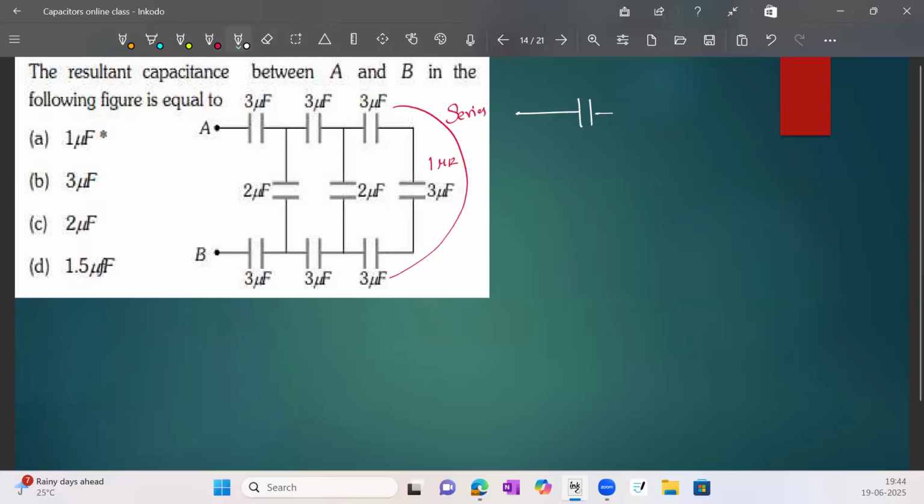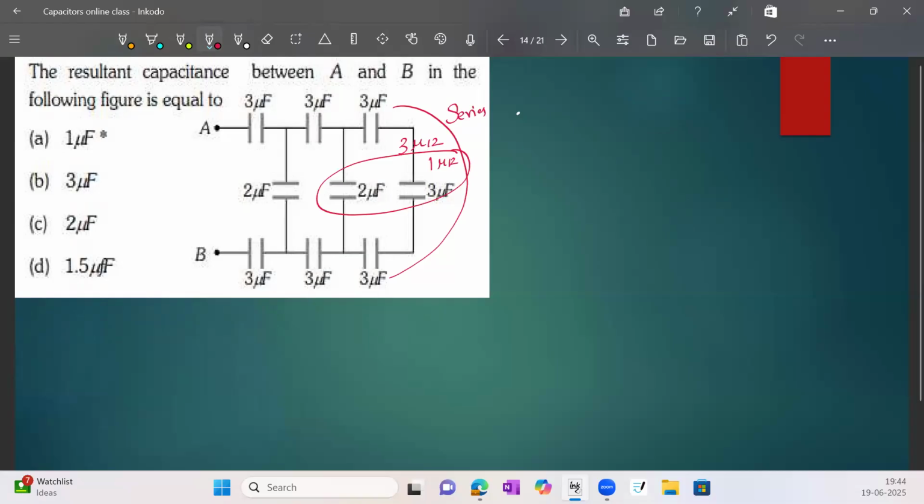This is A, this is 3, and this is 2. Now it becomes 1. Now see, 1 and 2 connecting in parallel, it becomes 3 microfarad.